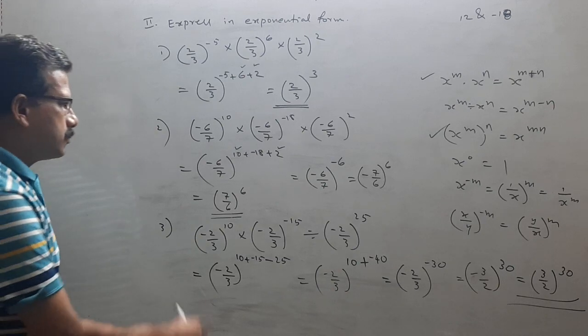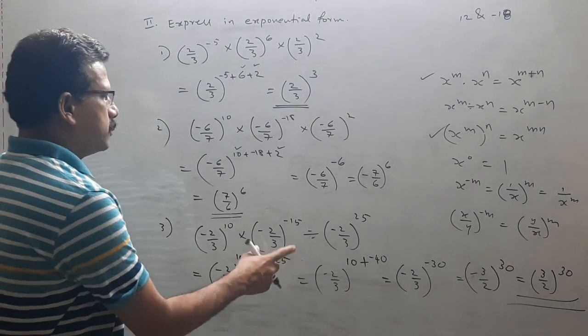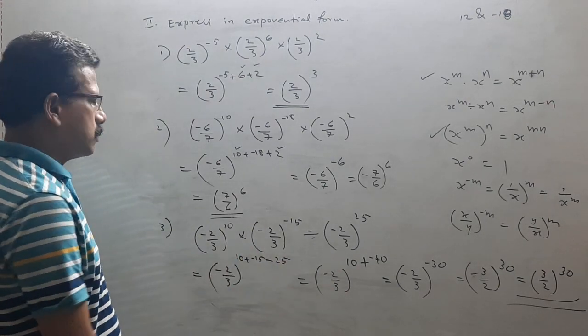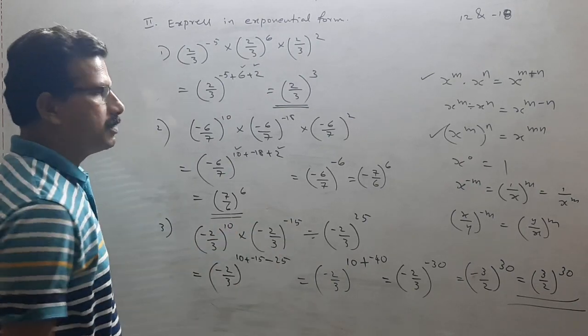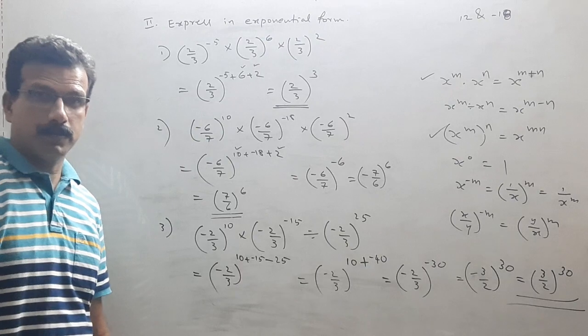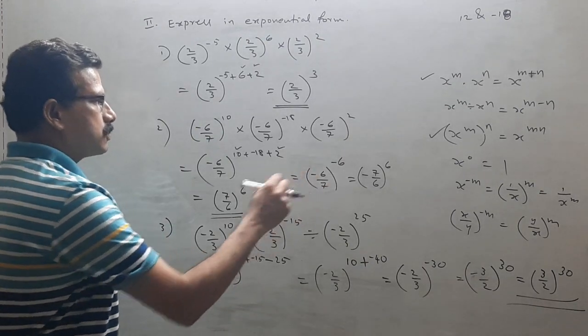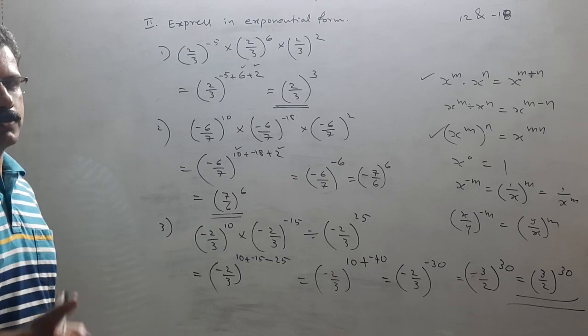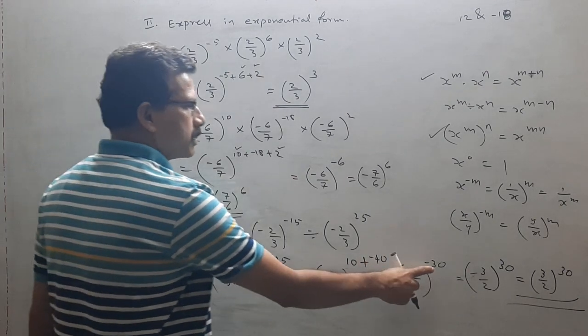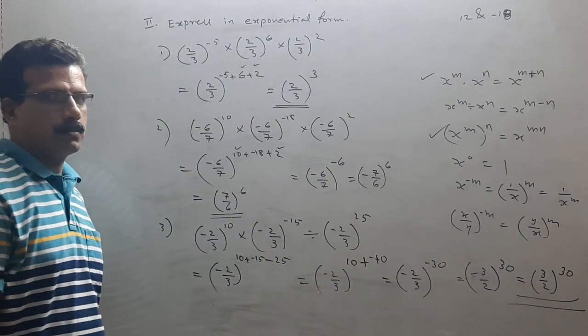Okay children, if you are getting confused, if you feel that this will be complicated for you, no problem. These two will be added, 10 and minus 15, what is that? Minus 5. Minus 5 minus 25, minus 30, that only will come.